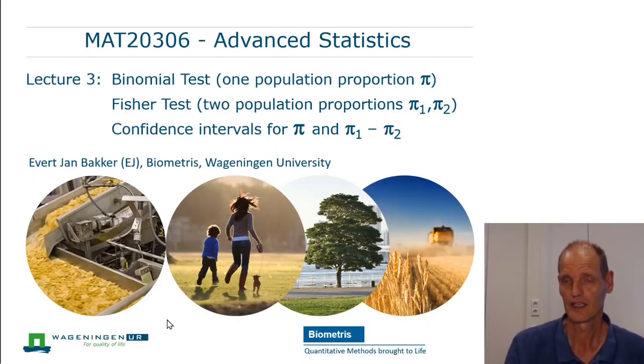That is, it has only two possible outcomes. For example, students pass an exam or not. In such a situation, we may be interested in the pass proportion for a given student population, or we may compare pass proportions for two populations.